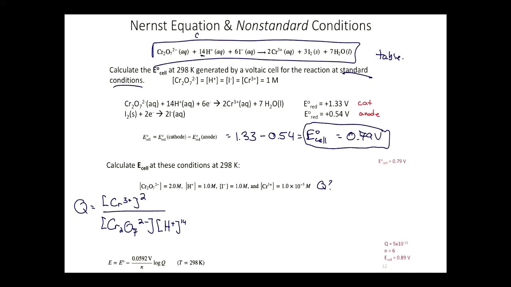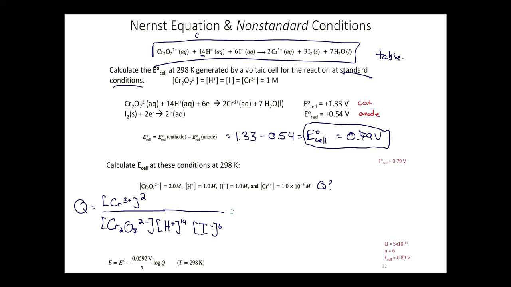There's a lot of H+. And then your I- concentration to the 6th. Perfect. So that is Q, or the equation for K. If we were at standard conditions, all of those brackets would be 1 molarity, so Q would be equal to 1. But here we actually have real concentrations.